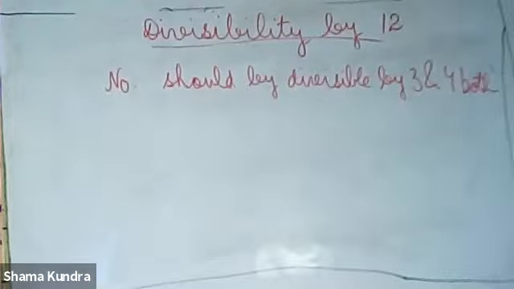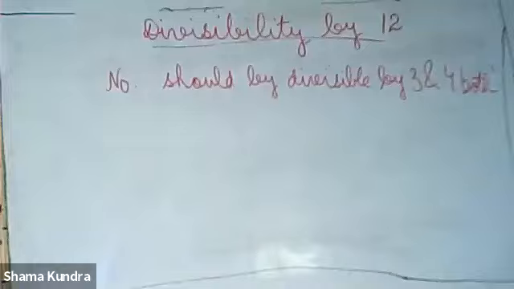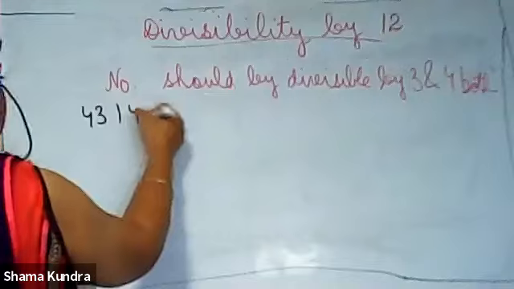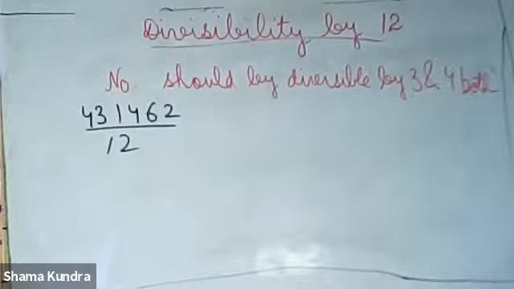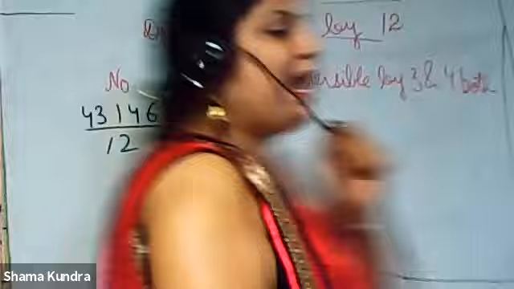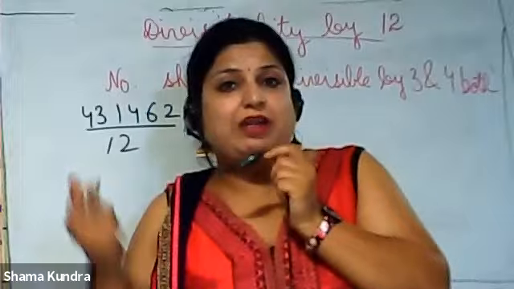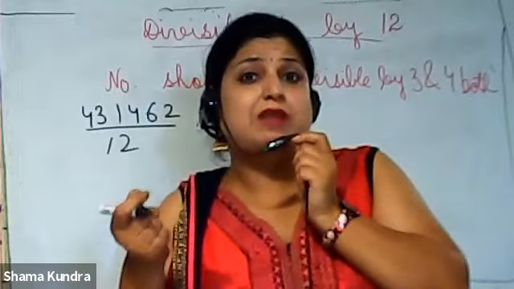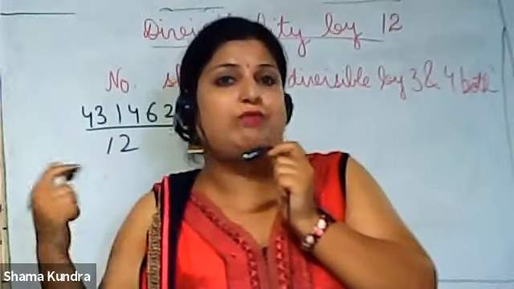For example, suppose I have the number 4, 3, 1, 4, 6, 2. I have to check whether the number is divisible by 12 or not. For this, I have to check whether the given number is divisible by 4 and then whether it is divisible by 3. The number is divisible by 12 only if it is divisible by 3 and also by 4.